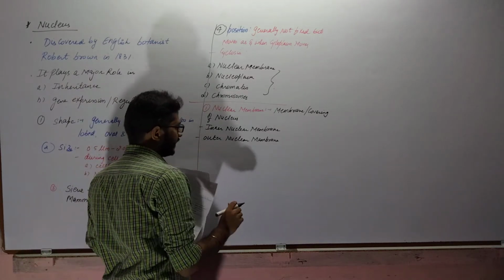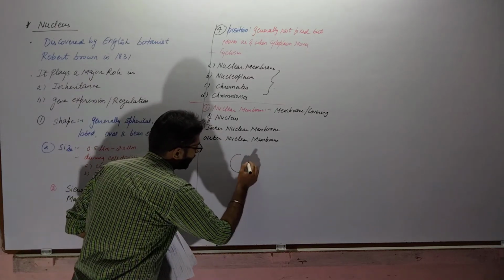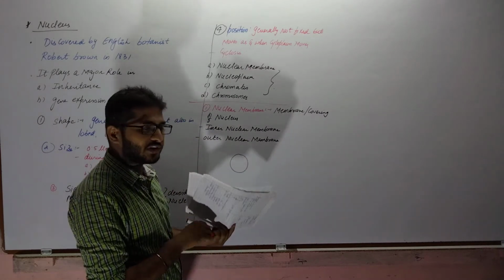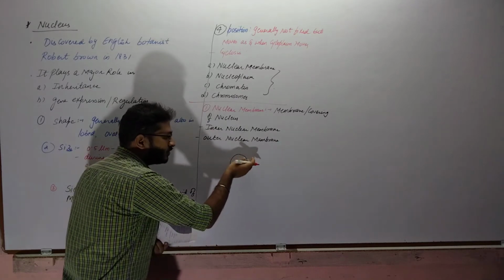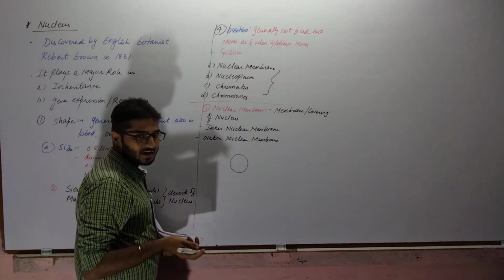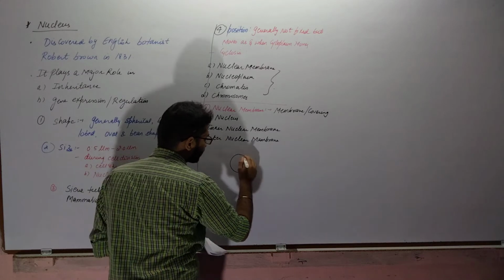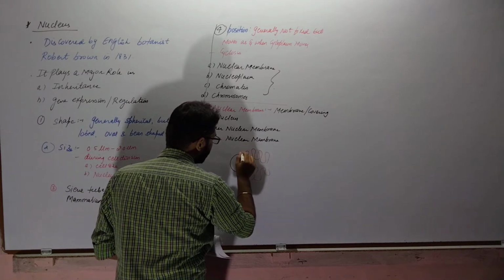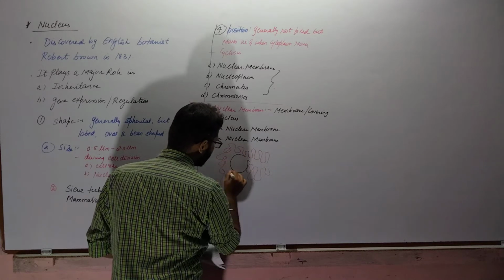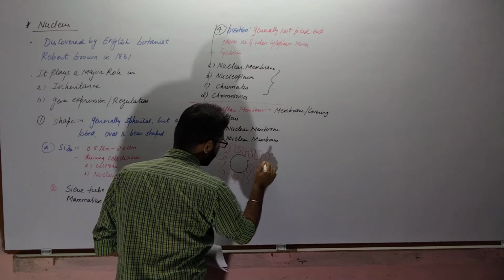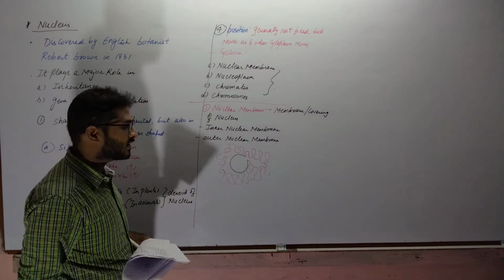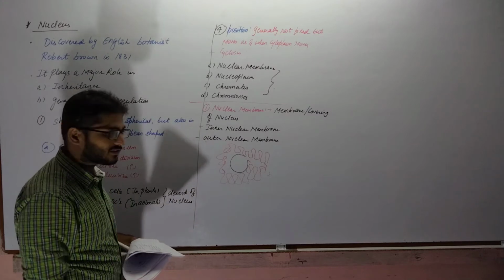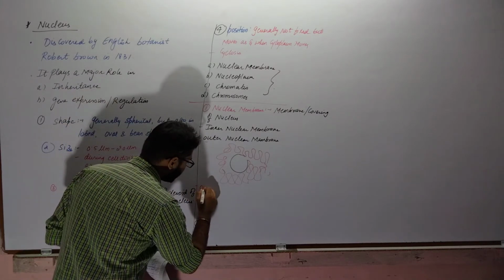We all know that, let us say this is a schematic diagram, the nucleus does not look like this, but for the sake of understanding I have drawn. From the nuclear membrane we know ER arises, that we have discussed. The entire nucleus is covered with endoplasmic reticulum, SER and RER, and this outer nuclear membrane also has ribosomes attached.